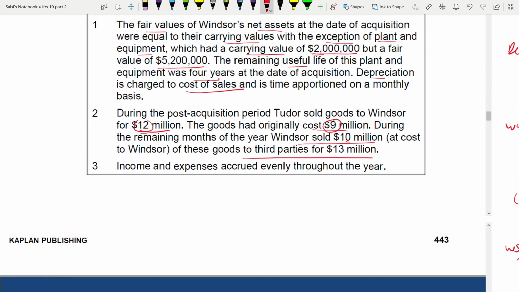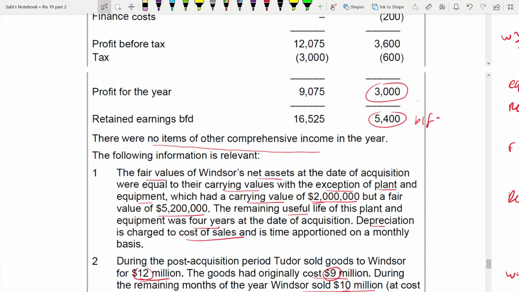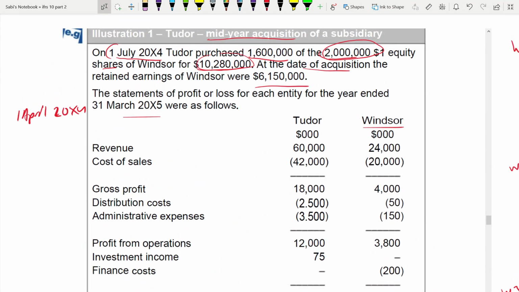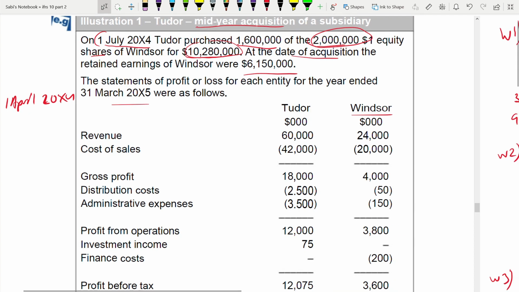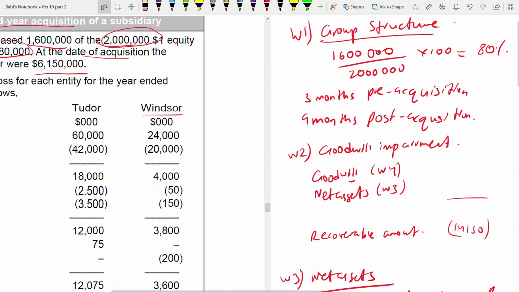In the post acquisition period, okay, now you have to remove it. Sorry, you don't have to take it for the number of months because it has not been given, but you have to take the profit. So this is how you find out.